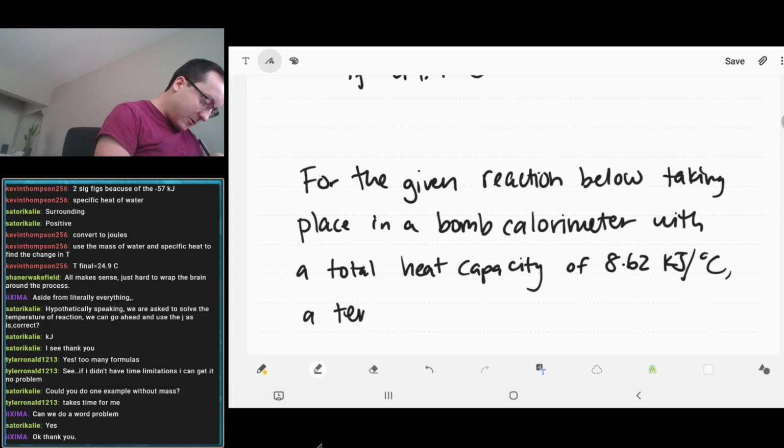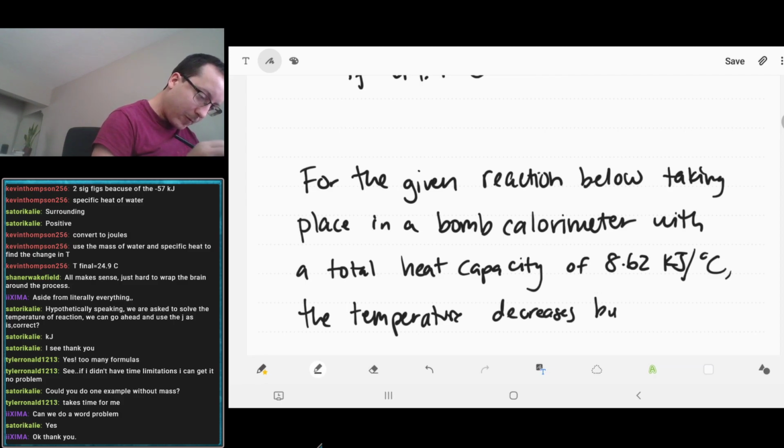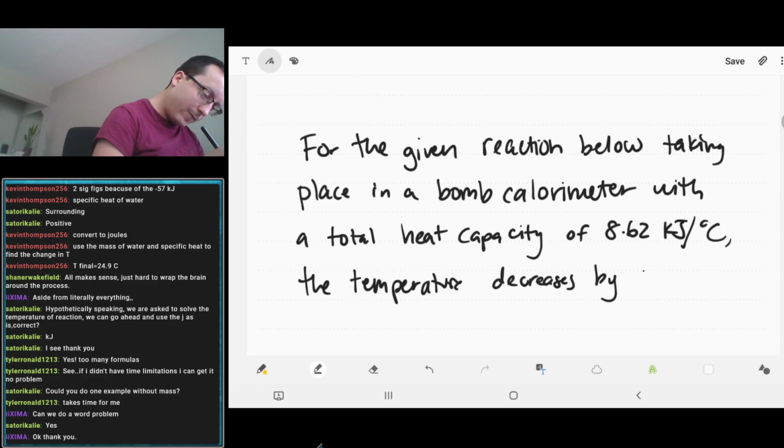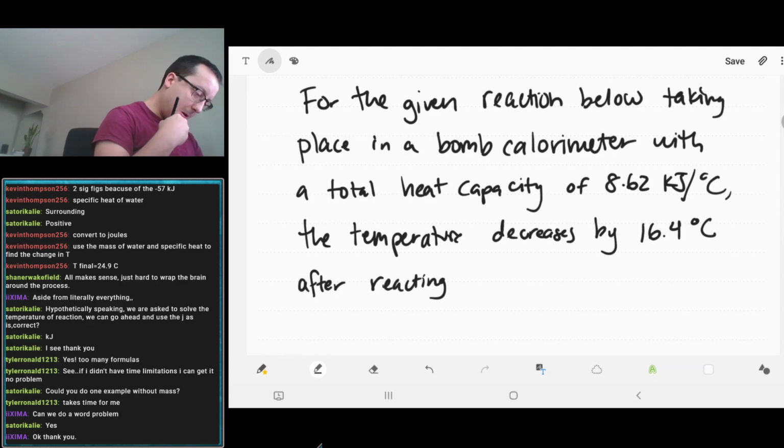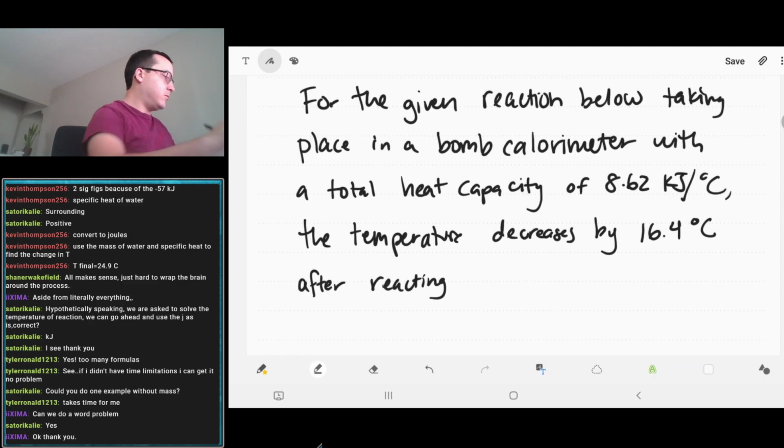A temperature, the, hold on. I'm trying to think of a reaction that would fit this.